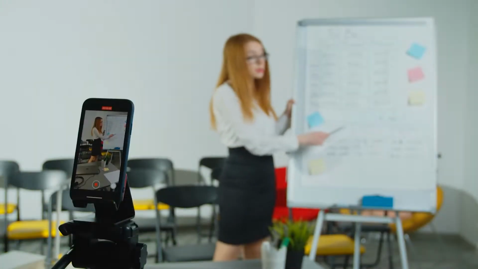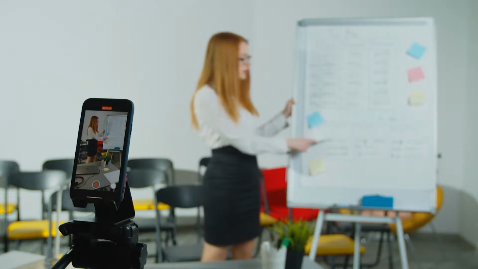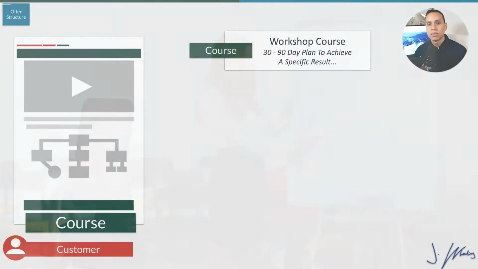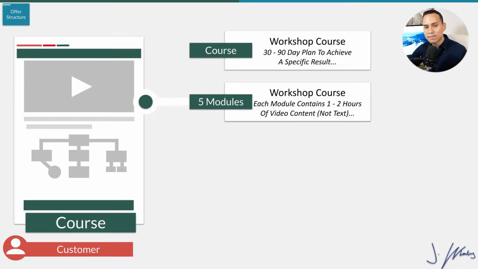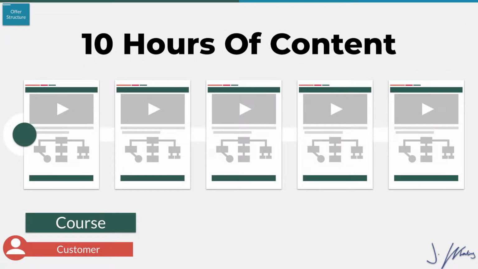So you want to make sure that your online course is an offer that is designed to deliver a specific result. Now, when it comes to how long to make it, you're going to want to shoot for 3 to 5 modules, 1 to 2 hours each. So that means at max, you're going to have 10 hours of content. This includes any sort of follow along or case study content as well.